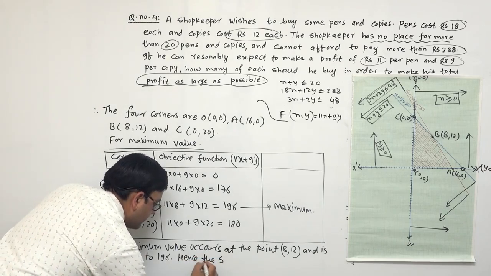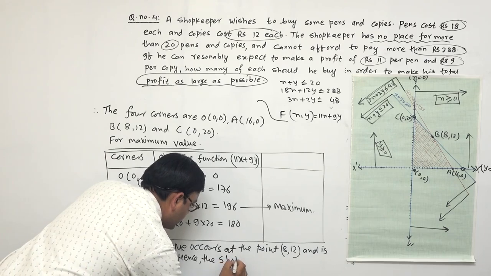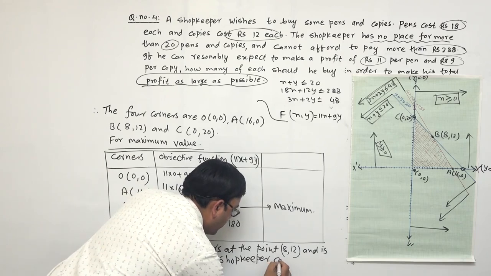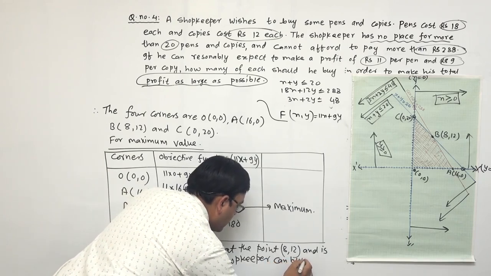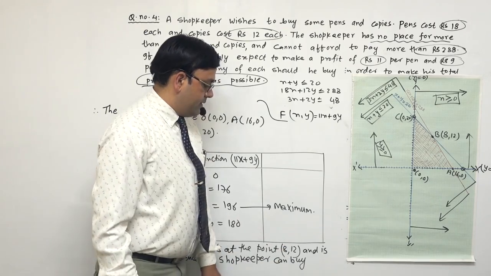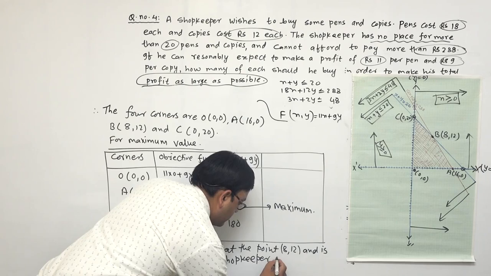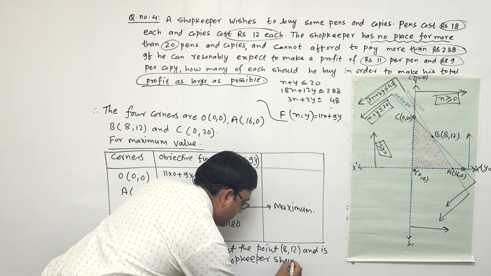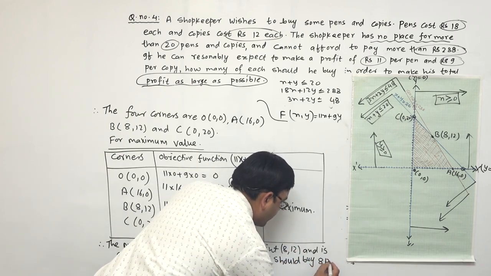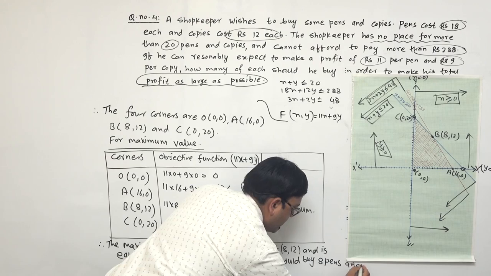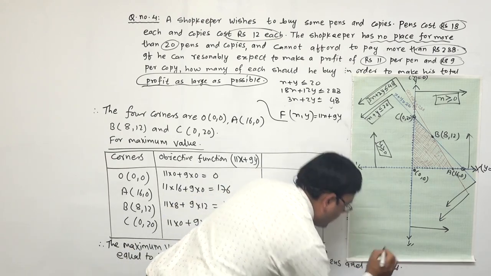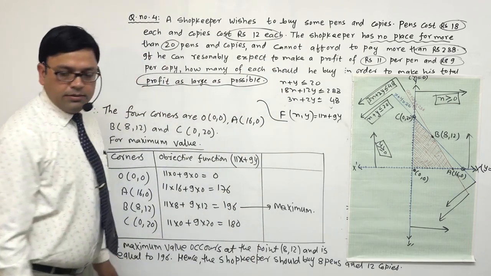Hence the shopkeeper can buy 8 and 12, 8 pens and 12 copies. Shopkeeper should buy 8 pens and 12 copies. In this way, we found the answer of this question.